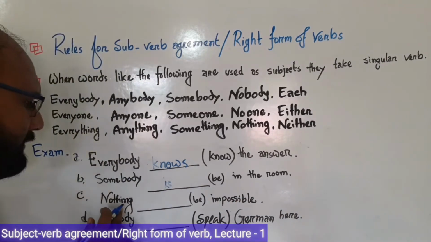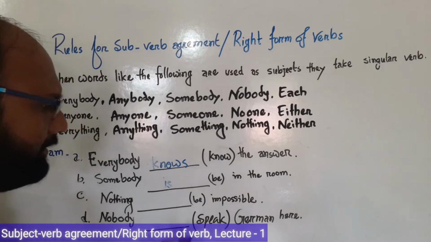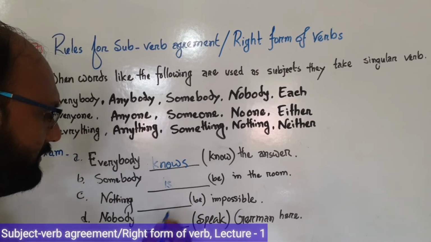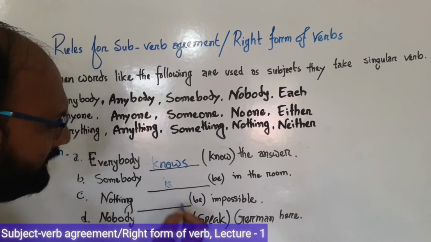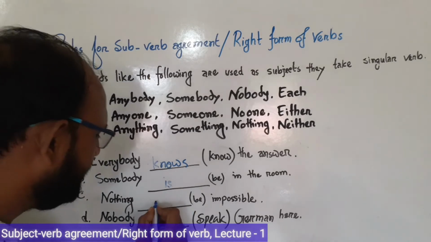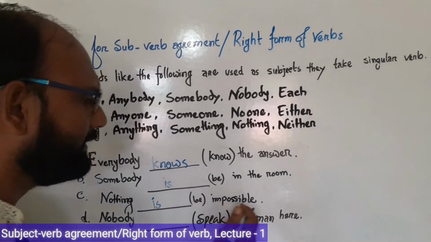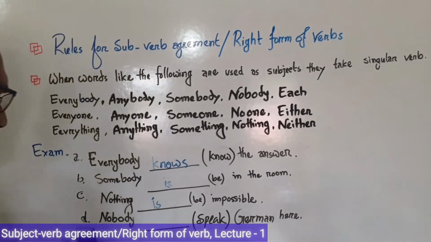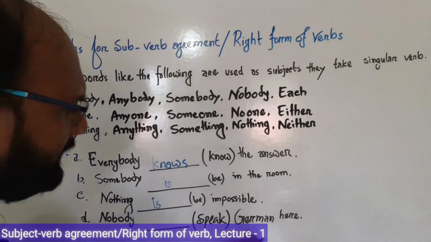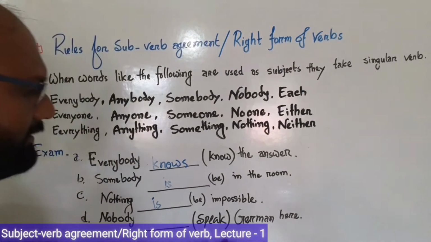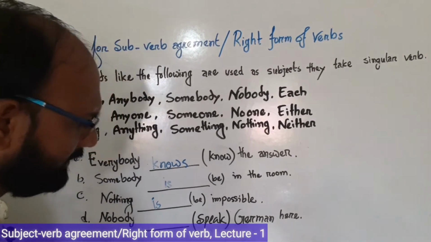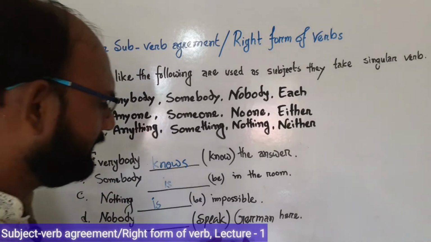And then C: Nothing dash impossible. In the bracket is be, so after nothing we will use the singular verb is. Nothing is impossible. And the last one: Nobody dash German here. Here in the bracket the word is speak.